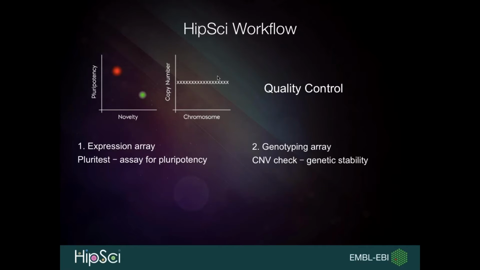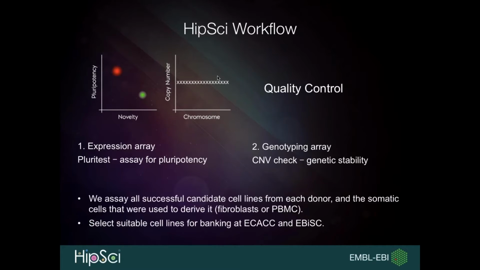The other assay we do at this stage is a genotyping array. And with the data from the genotyping array, we run a custom CNV check. So this is checking for copy number variations. And this gives an indication of the genetic stability of the cell lines.